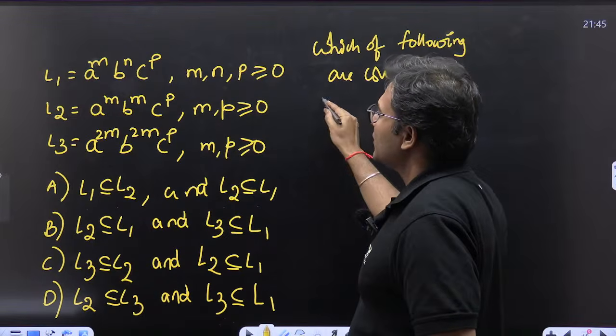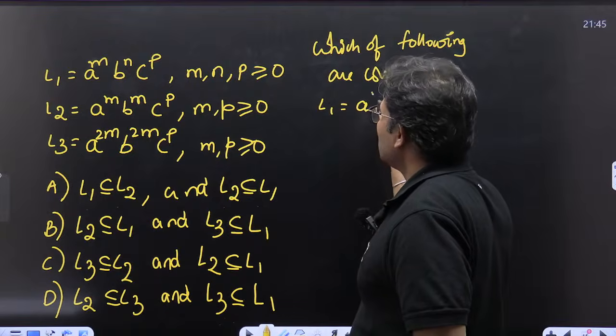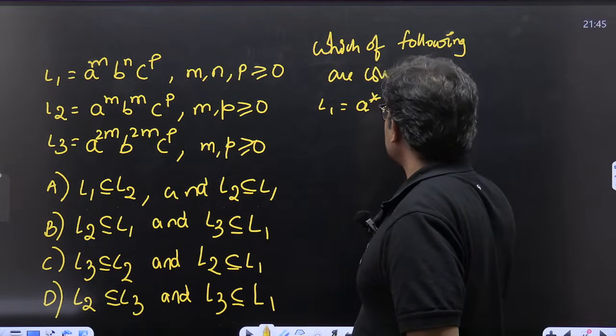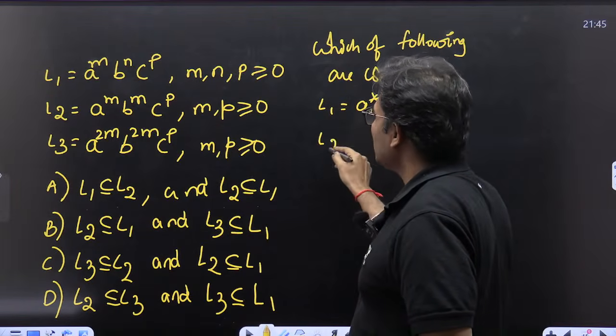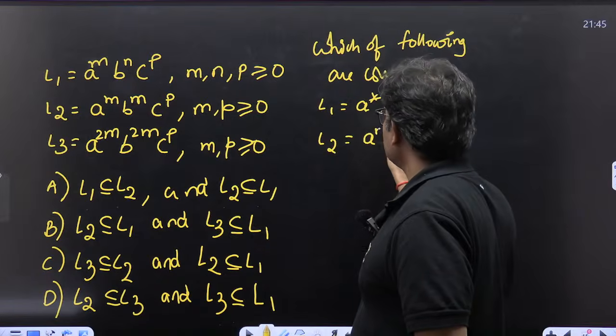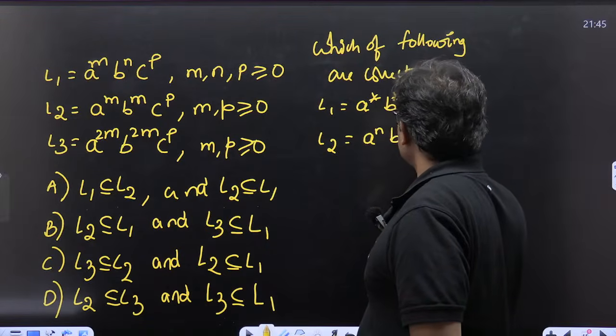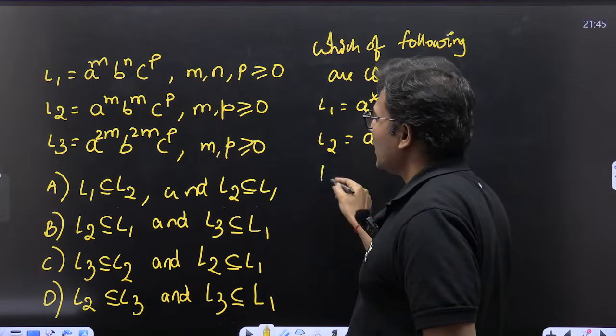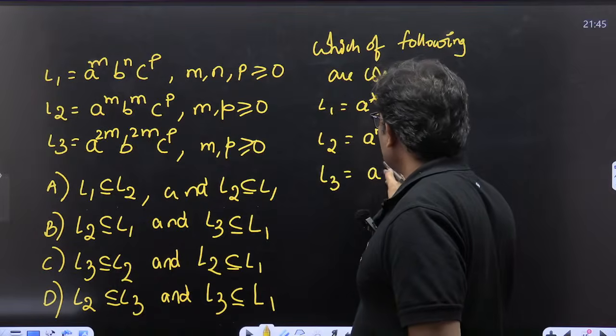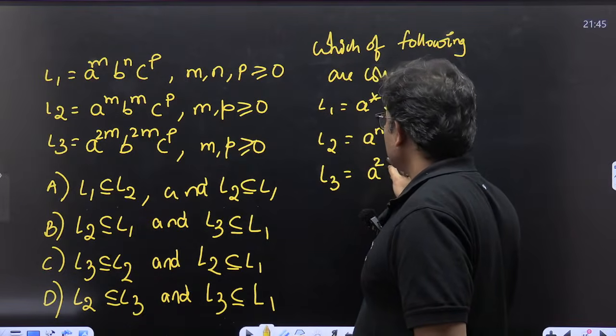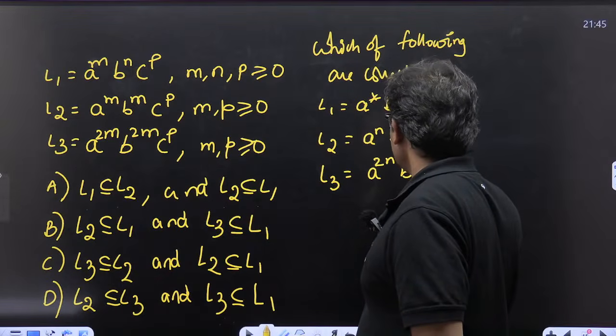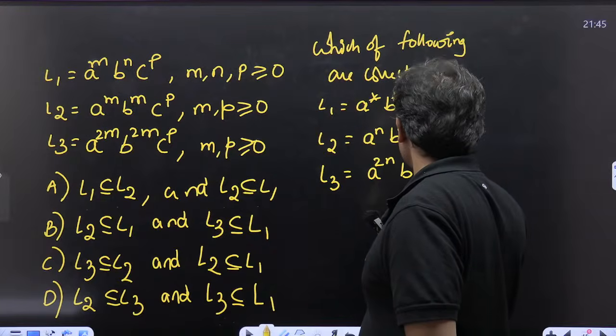See, L1 is a* b* c*, and L2 is A's and B's are equal, C's can be anything, and L3 is A's and B's are equal and they are even, C's can be anything, right?